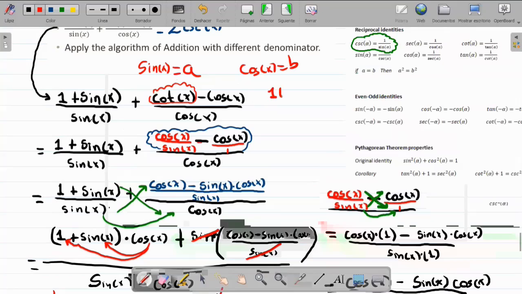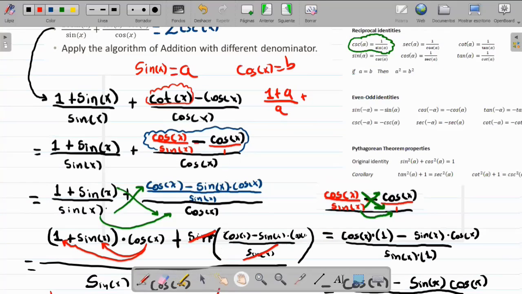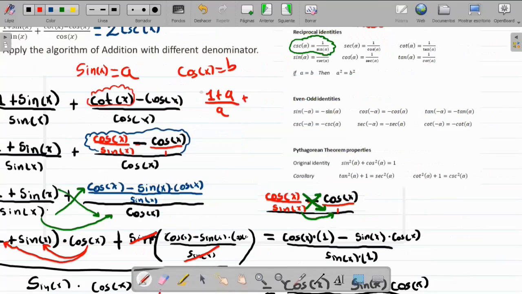So here it is 1 plus a over a plus, okay, cotangent is b over a. You have to write everything in terms of sine and cosine. That's the first rule every time. B over a minus b over b. Okay, that's if you want, because then solving this type of expression is very easy.